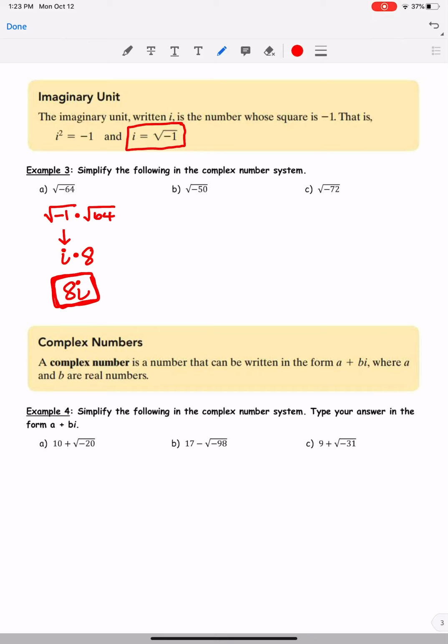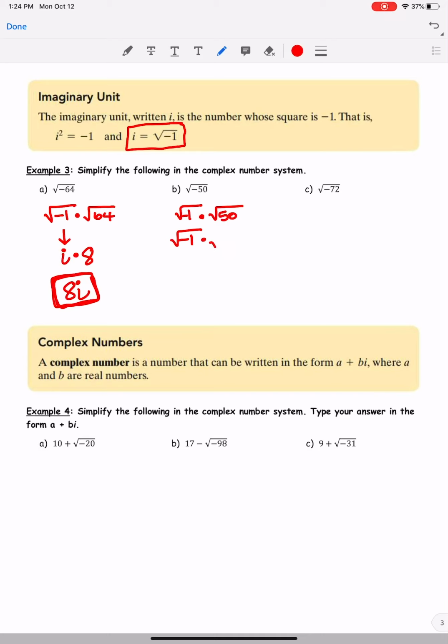Same thing here for square root -50. This is the square root of -1 times the square root of 50. Now 50 is not a perfect square, so we're going to have to break that one down. So we've got the square root of -1 times, this one I know 50 is 25 times 2.